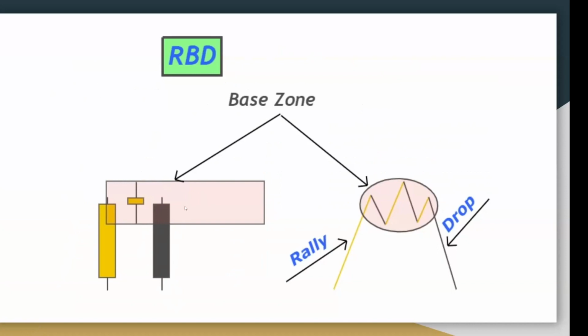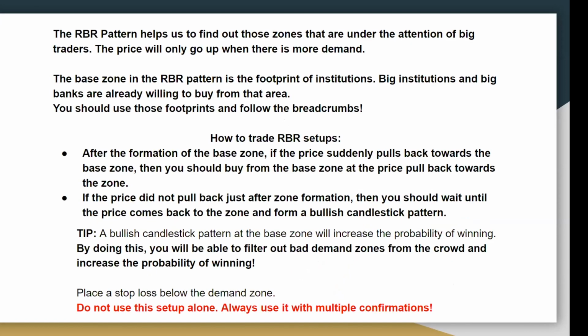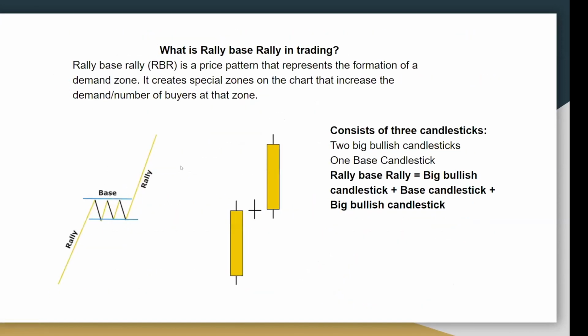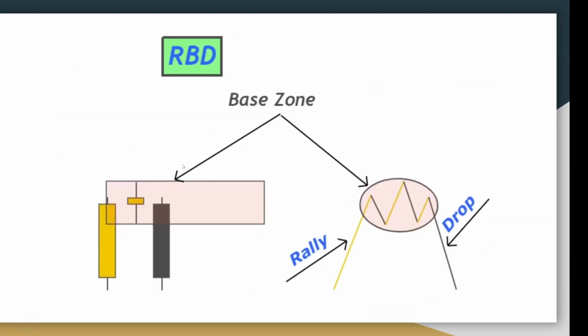Your stop loss would be right above this zone. So it's pretty much the exact same mentality, just a little bit flip-flopped. So that is rally-based drop, and that is bearish. Rally-based rally is bullish. Rally-based drop is bearish.